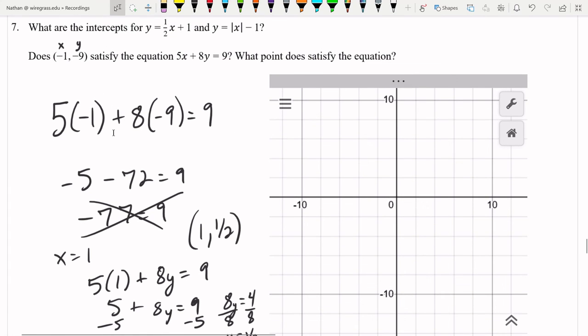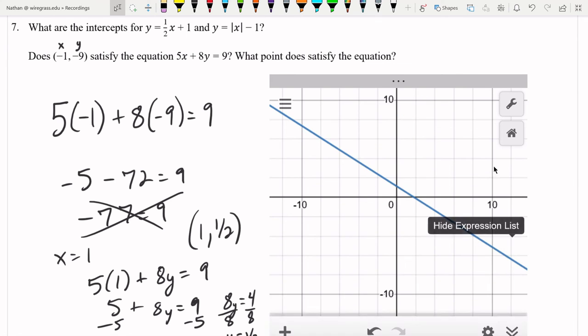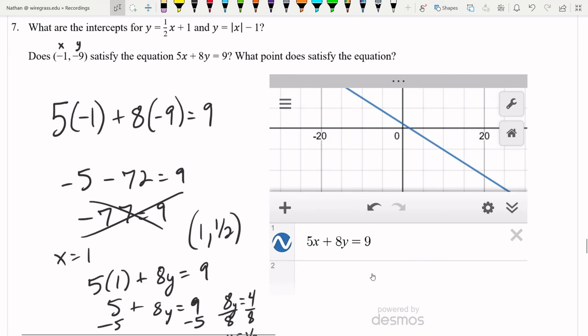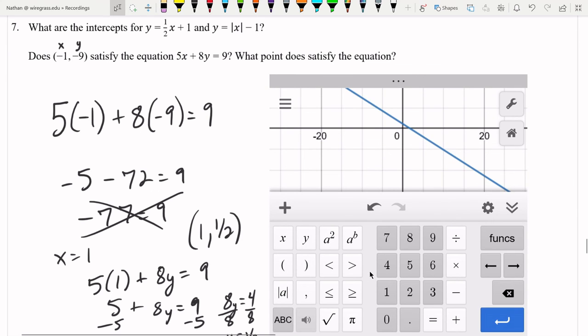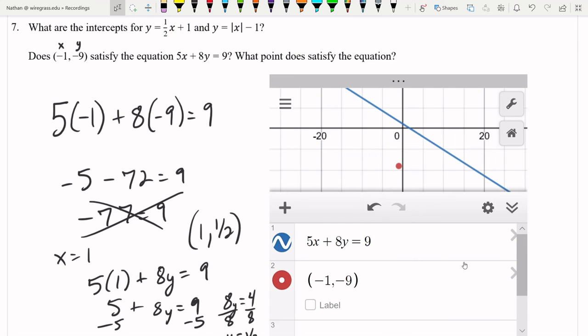Let's go ahead and graph it and see what we get. 5x plus 8y equals 9. And this is the relation right here. Let me plot the point that did not satisfy, -1, -9.